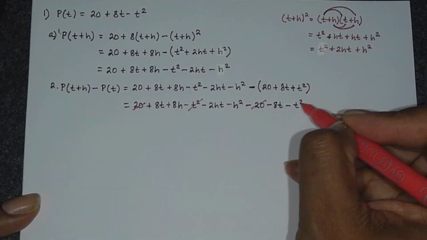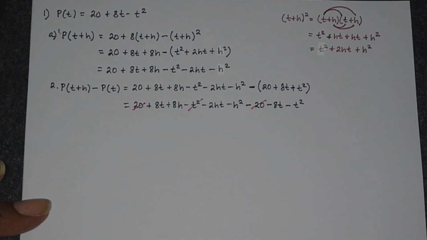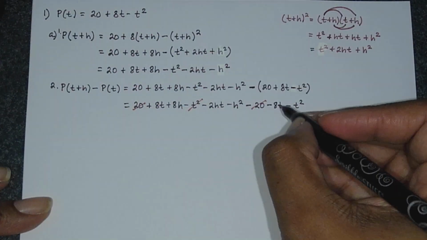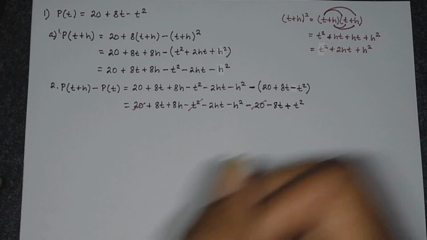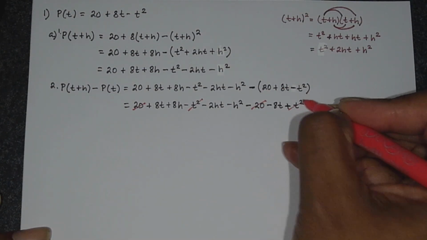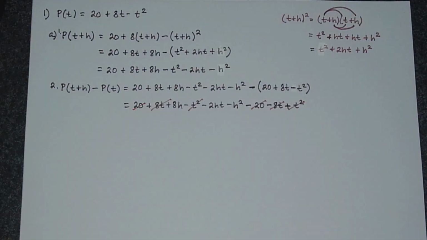Hold up, I'm sorry, this is right, because this was minus T squared from the beginning, but when I distribute the negative, it's going to be a plus. Okay, because that minus T squared and that plus T squared has to go. Minus 8T and plus 8T are gone.